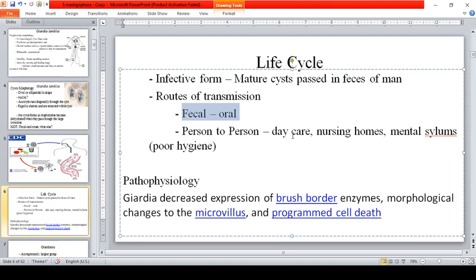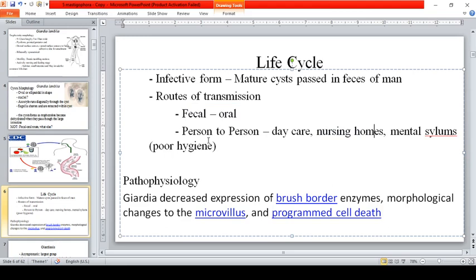So, pag sinubo niya yon, and his infected hands contain the infective stage, which are the cysts, then there's a possibility that the other child is also infected. So, that is another way, person to person. Even in nursing homes and mental asylums because of their poor hygiene.